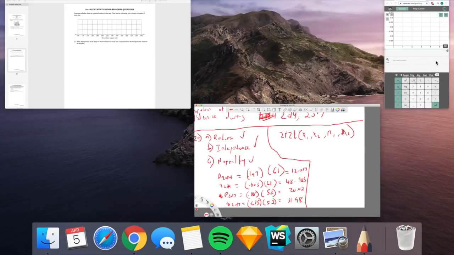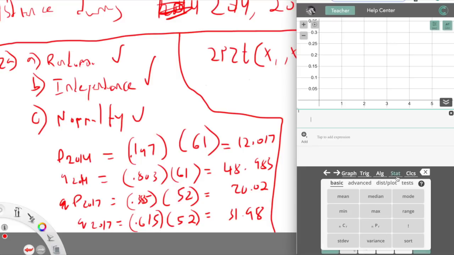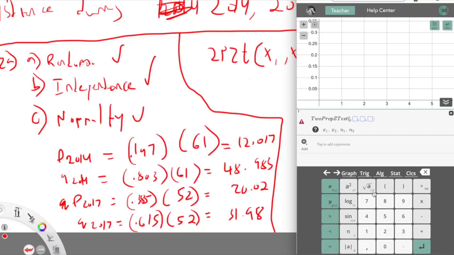So now we'll open our calculator and grab the 2-prob-z test, right here. Note that ClassCalc gives first x1, x2, then n1, n2, unlike, for example, the TI that does x1, n1, x2, n2. In this case, because we're checking for the proportion of 2017 being greater than the proportion of 2014, the 2017 year will be our x1.